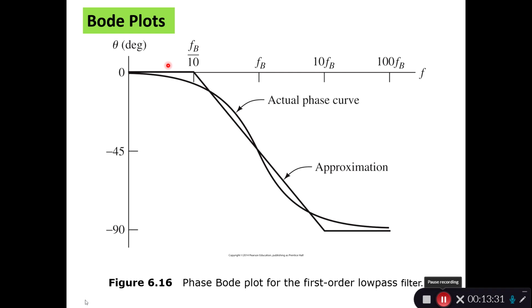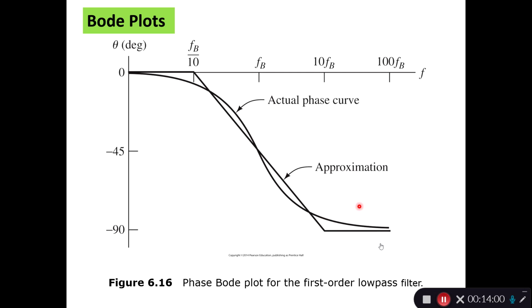So this straight line approximation is the Bode plot. The actual phase of a low pass filter will have a way of smoothing around these points, and the maximum error we will actually get here is about 11 degrees, and in most cases also 11 degrees here.